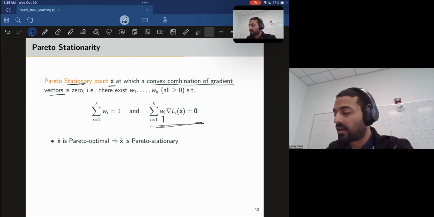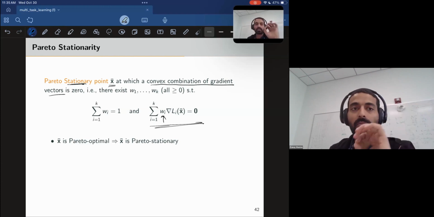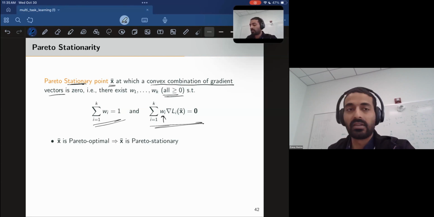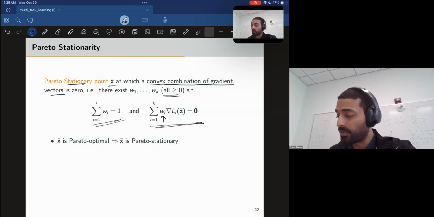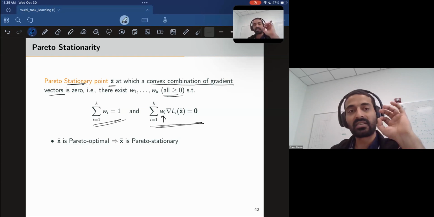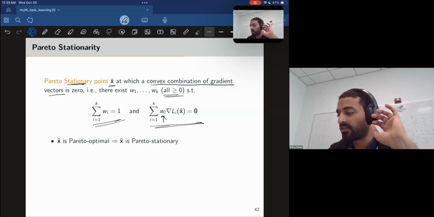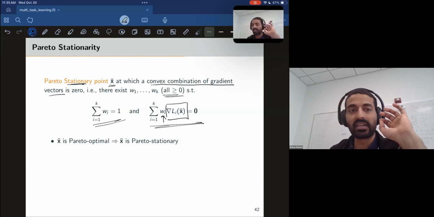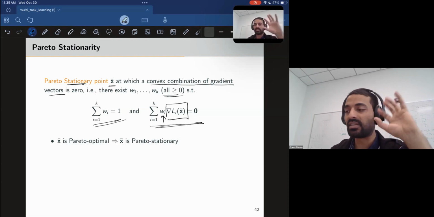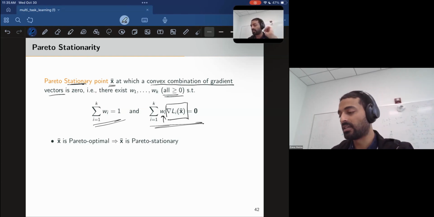So the w_i are the different convex combination parameters. They are all non-negative. They sum to 1. That's how we know that they are convex combination coefficients. And there exists some convex combination of the loss gradients such that this convex combination is 0. So this is the definition of Pareto stationarity.